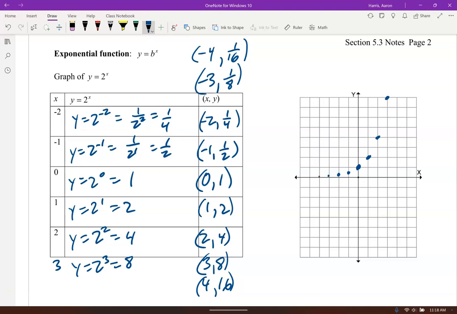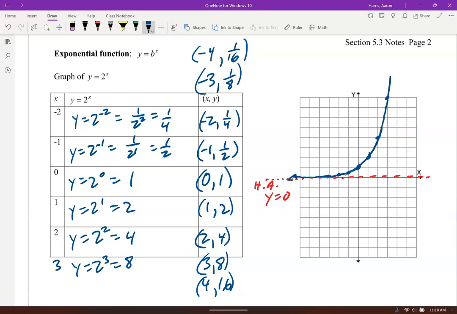So you notice as I go to the left here, it's just getting closer and closer and closer to 0. Right? So in other words, because I'm getting closer and closer to 0, but I'm not touching it, what I have is a horizontal asymptote at y = 0. Okay? And then as I'm going to the right, let me follow it to the right and connect the dots.